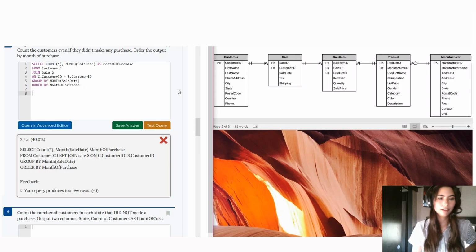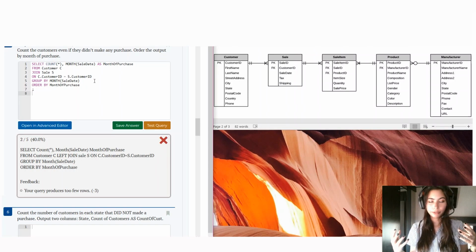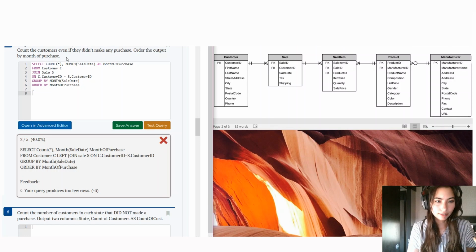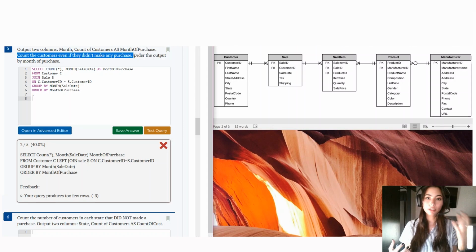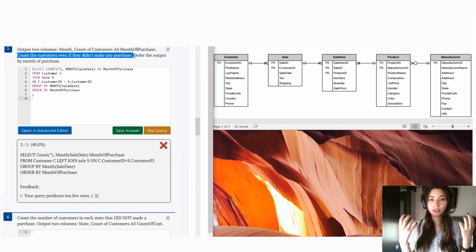So I'm thinking our only issue was that we didn't tell it what specific entity we wanted to pull information from. And in the question it says, count the customers even if they did not make any purchase. So if you'll remember back to our Venn diagram where we had customer on this side and we had sale on this side, if we wanted everything, these two are connected together.